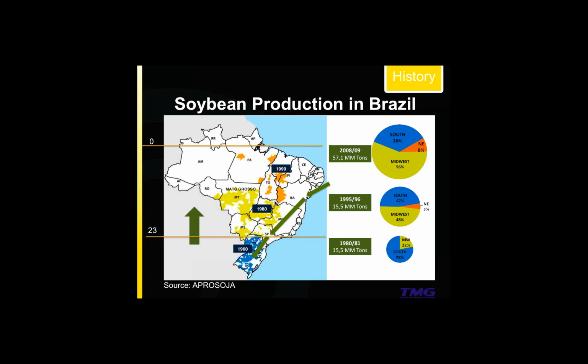And then the research started to come, and nowadays roughly 60% of the soybean grown in Brazil is grown under latitudes smaller than 23 degrees.